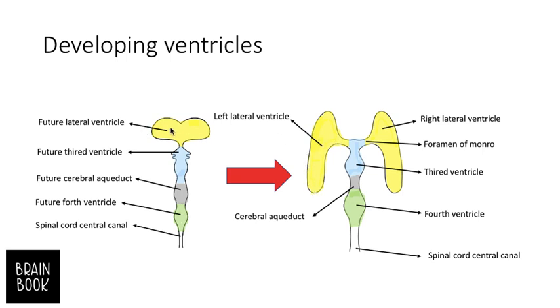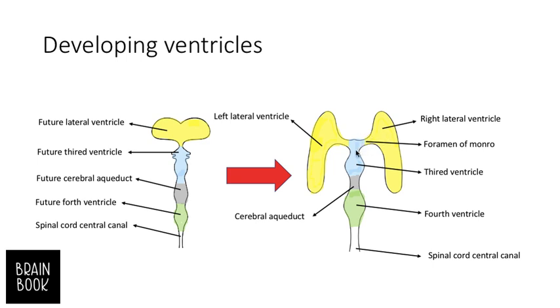You can see here the left lateral ventricle and the right lateral ventricle are formed from this Y-formed shape, and the third ventricle developed to this, and the third ventricle and the lateral ventricles are connected through the foramen of Monro. It's a foramen of Monro pore.